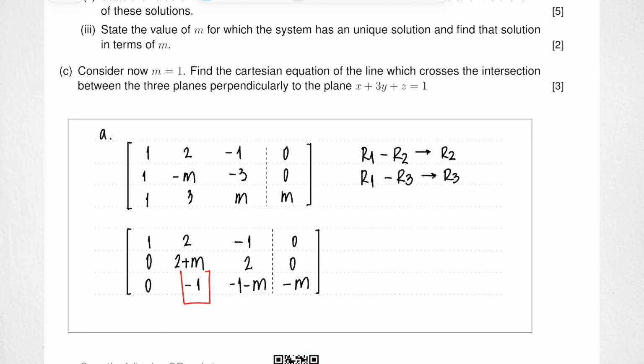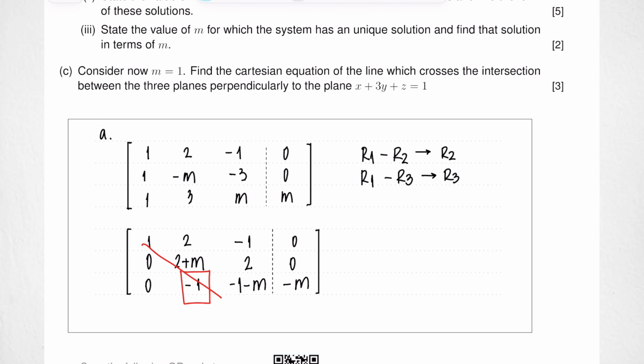Now what we want to do is the same thing, but now eliminating this coefficient right here, which is the only one that didn't get converted to a 0. Remember that you want a triangle of zeros over here. Now, what row operations should we do in order to accomplish that?